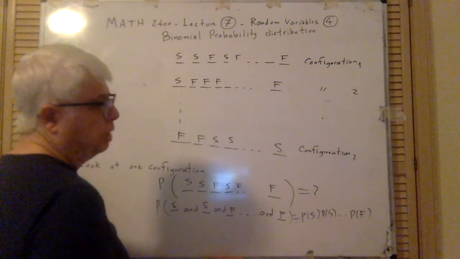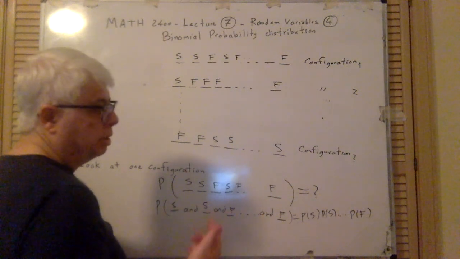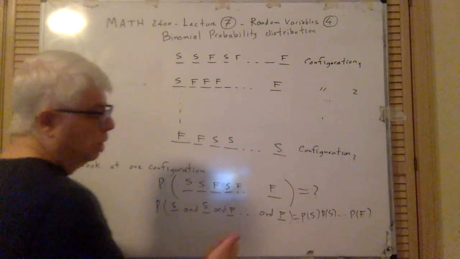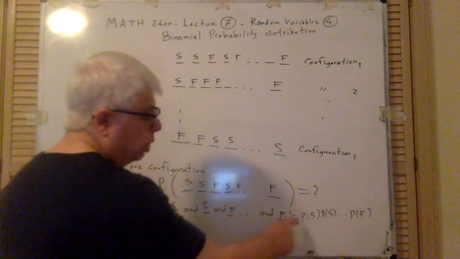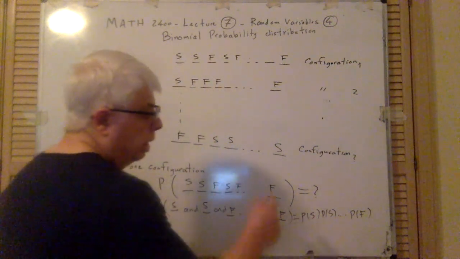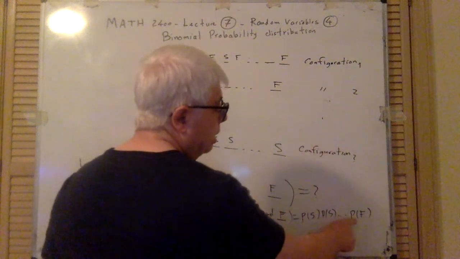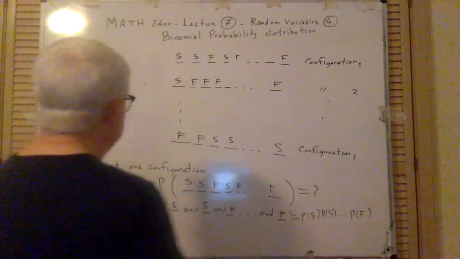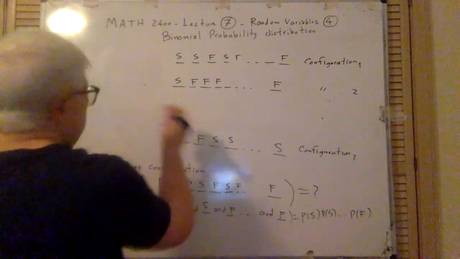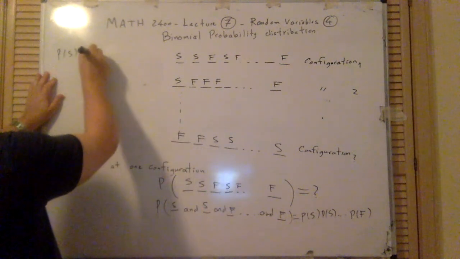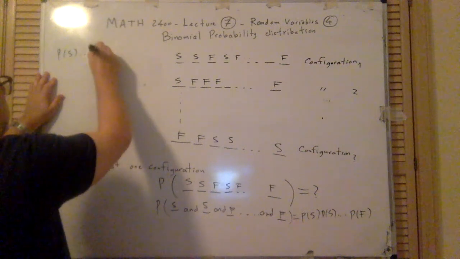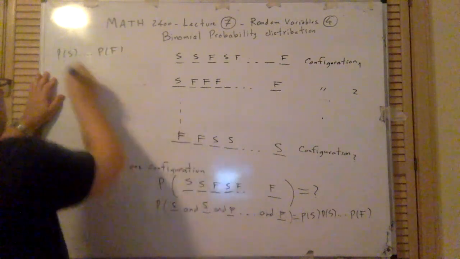The problem was having X successes in N trials. So I have X PS's here, and N minus X PFs. Let me write it here. I have PS, and the last one was my PF. That is that thing over there.